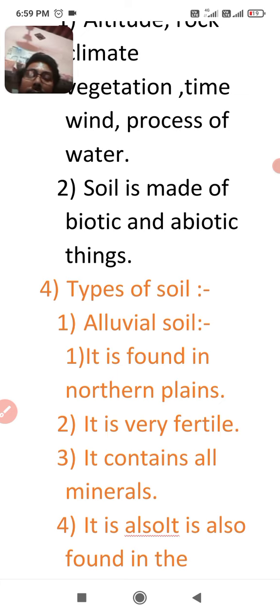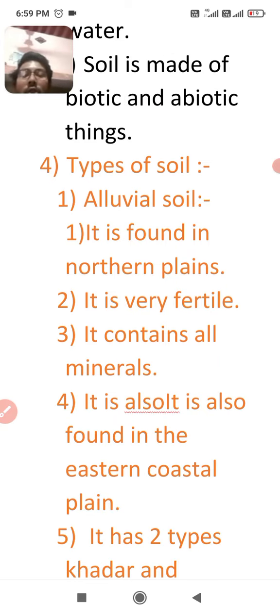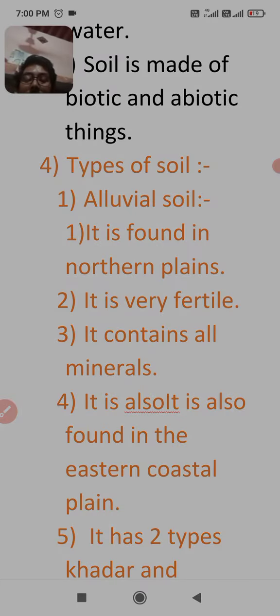Third, it contains all minerals like phosphorus, calcium, iron, whatever minerals are found in the soil. Next, it is also found in the eastern coastal plain, where there are a lot of deltas made by the Mahanadi, Krishna, Kaveri and Godavari. In these deltas, alluvial soil is found.